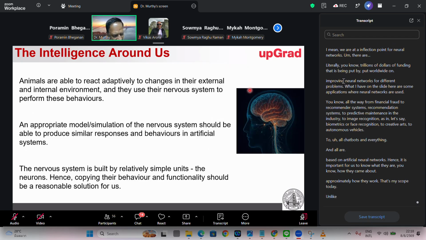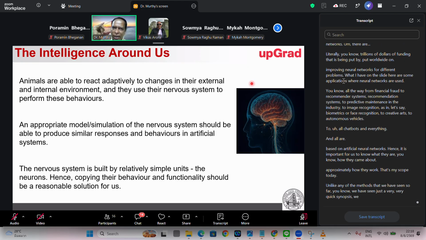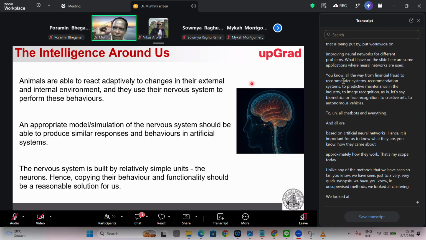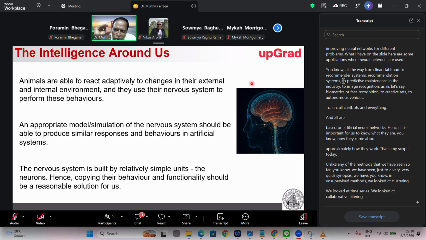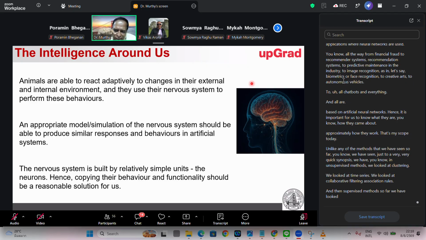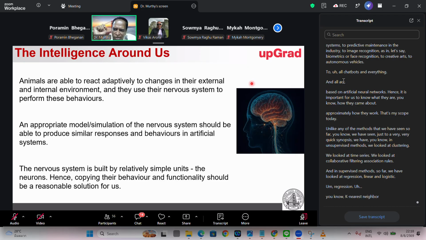Unlike any of the methods we have seen so far, just a very quick synopsis: in unsupervised methods, we looked at clustering, time series, collaborative filtering, and association rules, and in supervised methods, so far, we have looked at linear and logistic regression, k nearest neighbor, and decision trees.